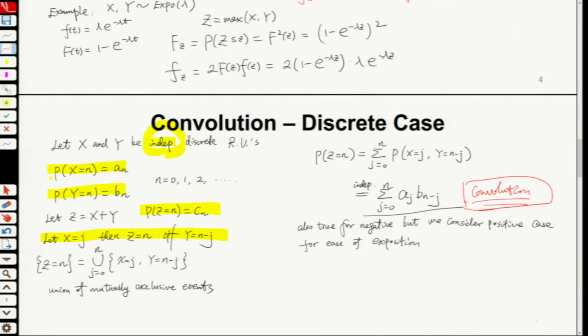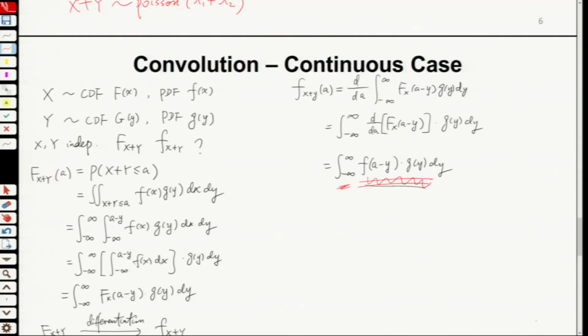Here the summation goes from 0 to n, and a_j b_(n minus j) is a probability mass function, but it's similar. So this is the continuous case, and this is a convolution. If you know the PDFs and you want the PDF of the sum of two random variables in the continuous case, you do convolution.